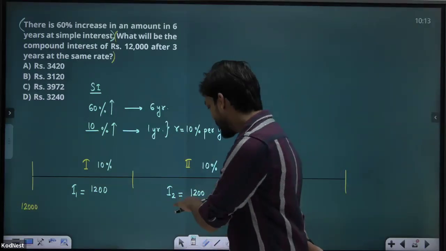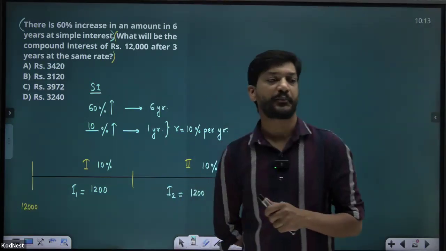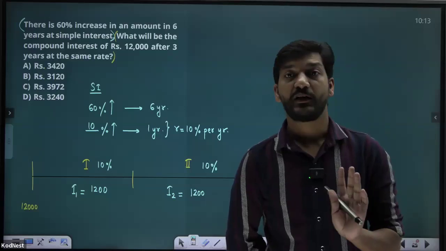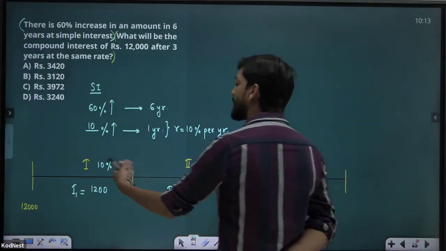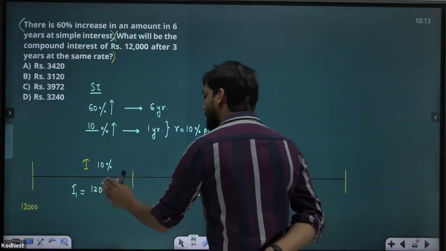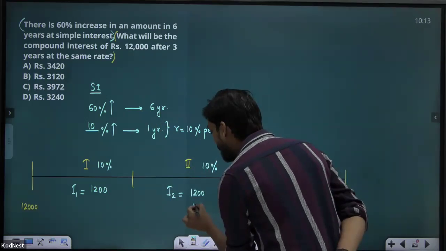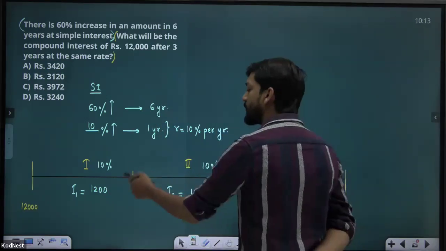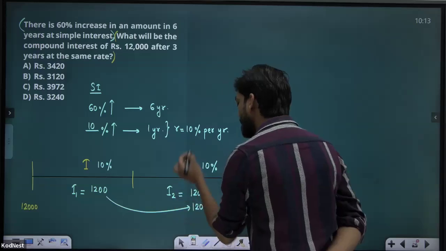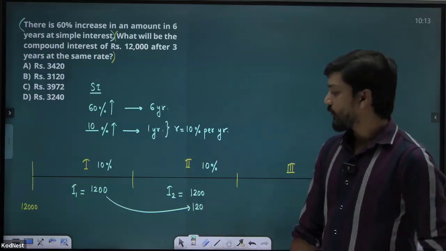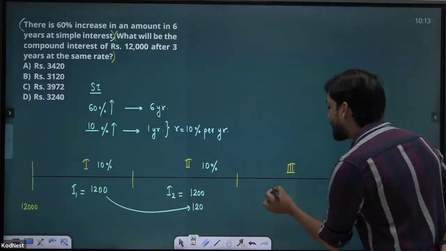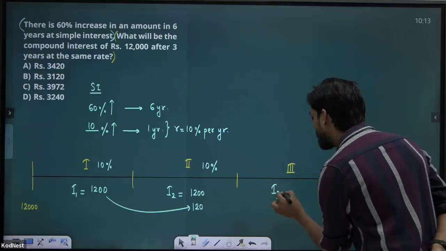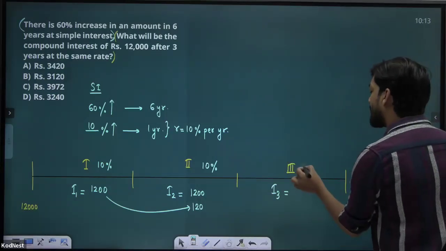If I stand there, do we have any previous interest? So now we have, that is 1200 rupees. This is the previous interest. So 10% of previous interest, you will have to write 120 rupees. 10% of 1200, 120 rupees. All right, now go to the next one. I3, interest of the third year. Again 10%.